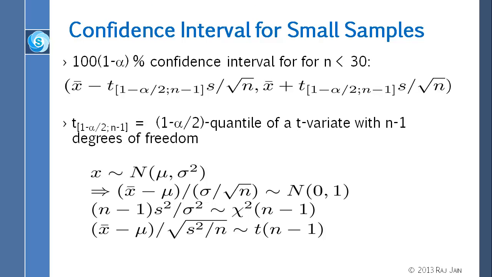However, if you don't have 30 observations, then what do you do? One thing you could do is say, well, I really don't know then, because obviously the mean is not normally distributed. But if you make one more assumption, then it becomes a solvable problem. The second assumption you make is that the observations themselves are normally distributed. Then the problem becomes simple, because the sums and so on remain normal.